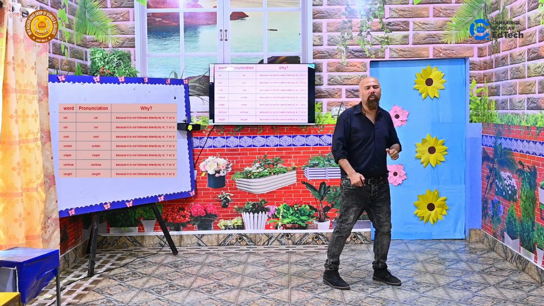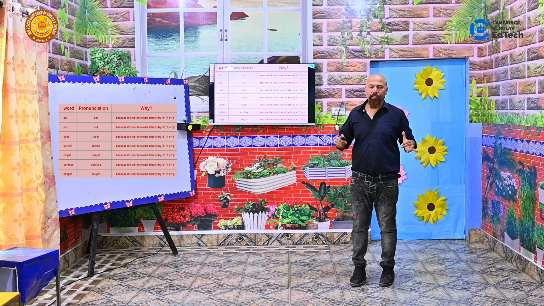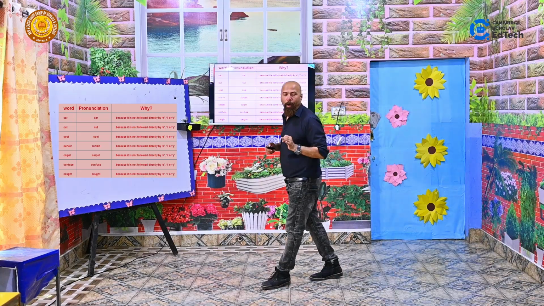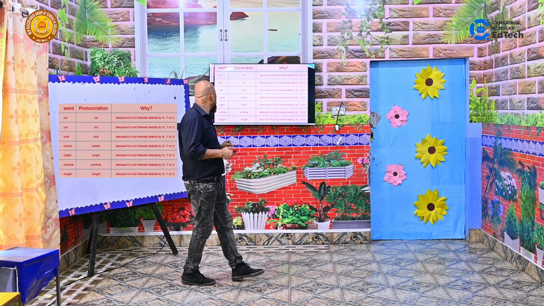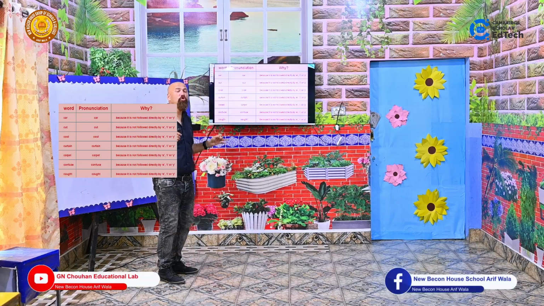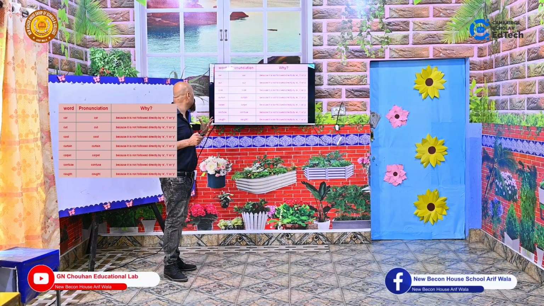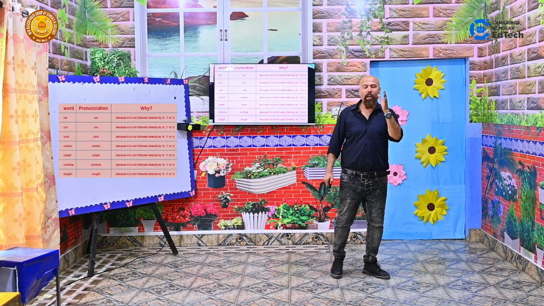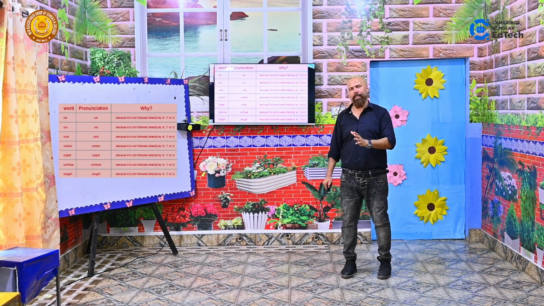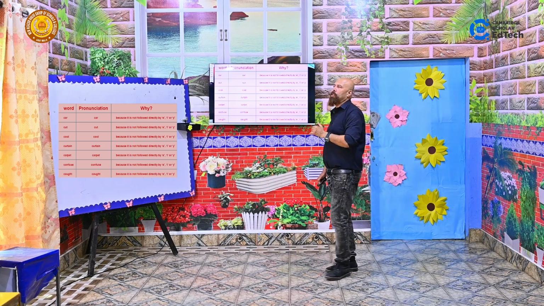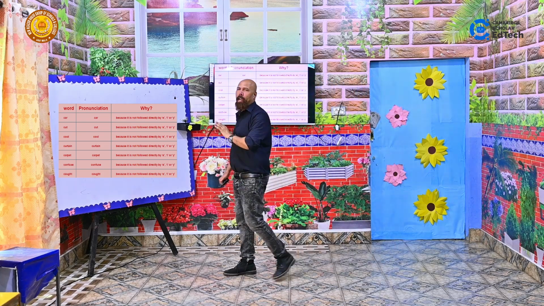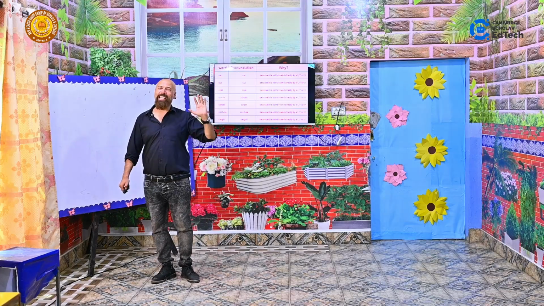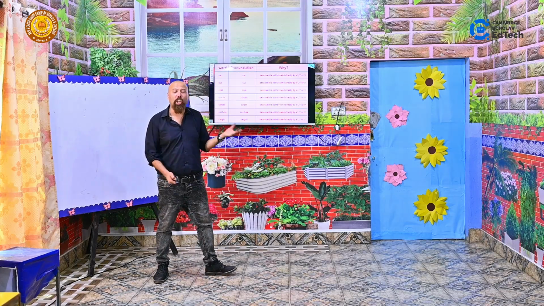Cool, curtain, carpet, and then we have confuse, okay? Confuse, that's a different one. Cord. Do you notice right after the C there is no E, I, or Y?